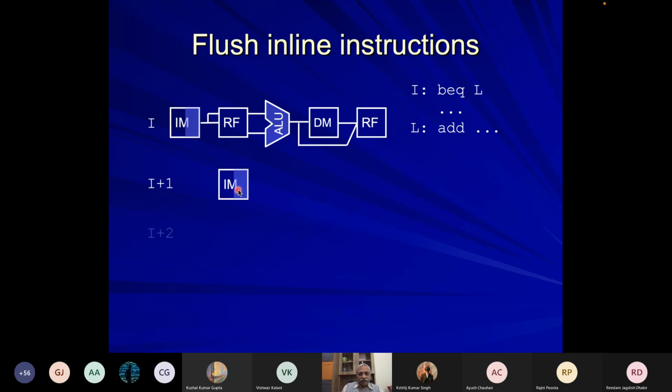Instruction I plus 2 will get fetched here, but by this time we know that it is a branch instruction. In this stage we will know that the instruction in the decode stage is a branch instruction, and we would try to get rid of these. So you try to flush these two.